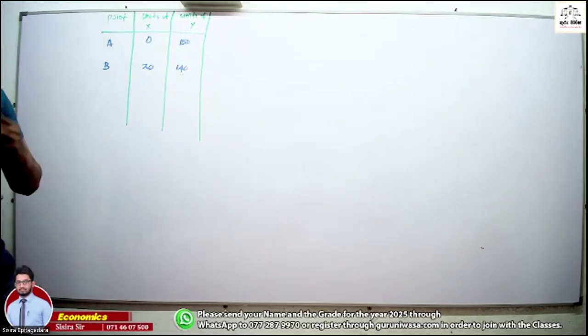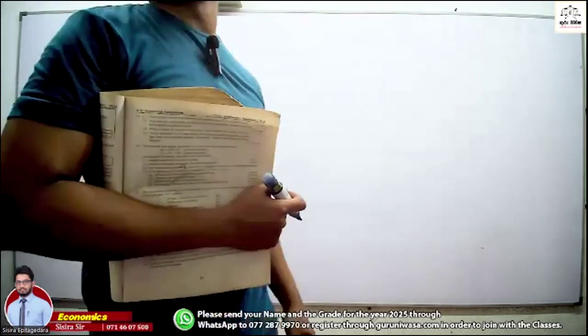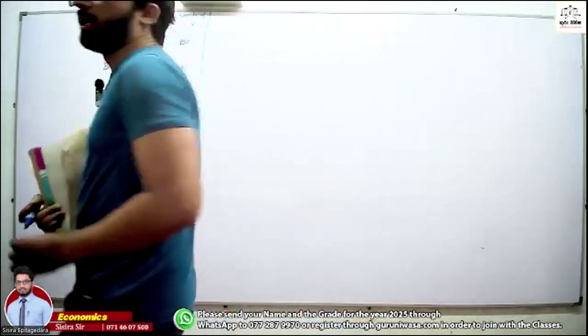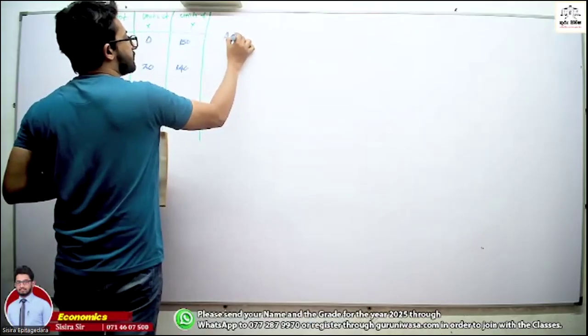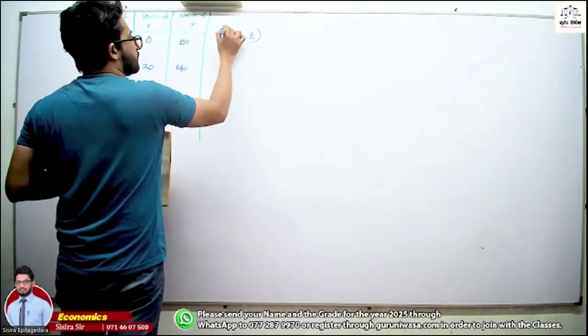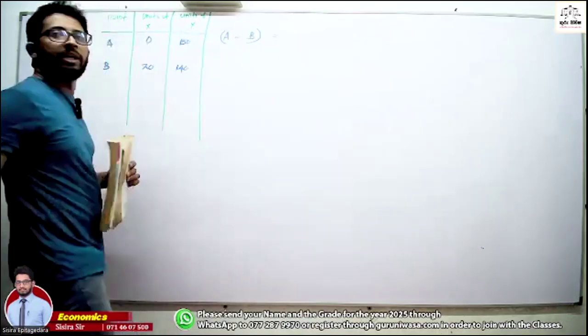Lamai, question is asking you to calculate opportunity cost point to point. Press 1, A to B. Look at the board, Lamai. A to B. What is the equation for calculating opportunity cost?